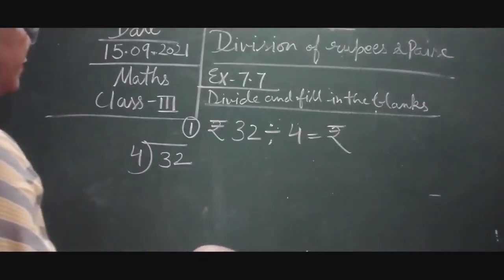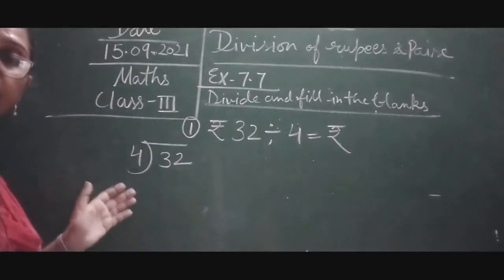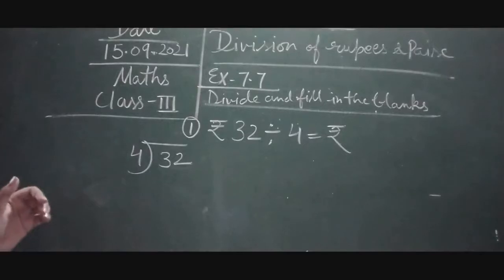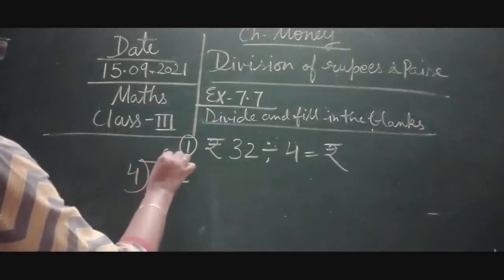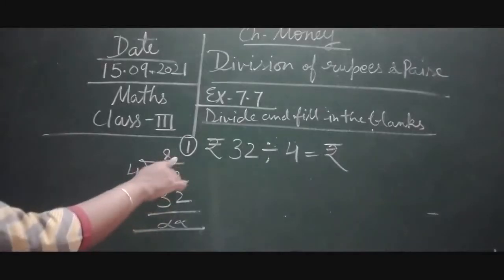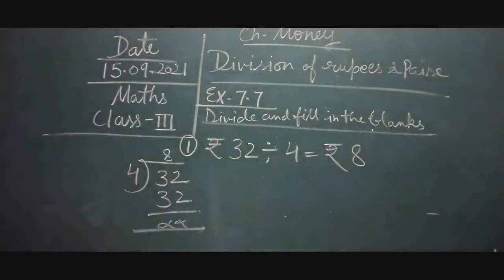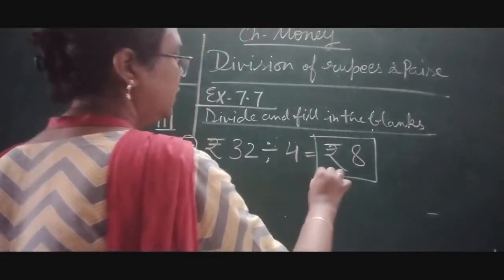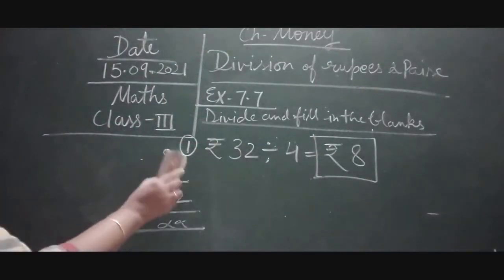Children, just tell the table of 4: 4 ones are 4, 4 twos are 8, 4 threes are 12 and 4 fours are 16. And here 4 eights are 32. Okay, 8 is the quotient, so we will write rupees 8. The answer is rupees 8, children. So write it down. This is our first number completed.